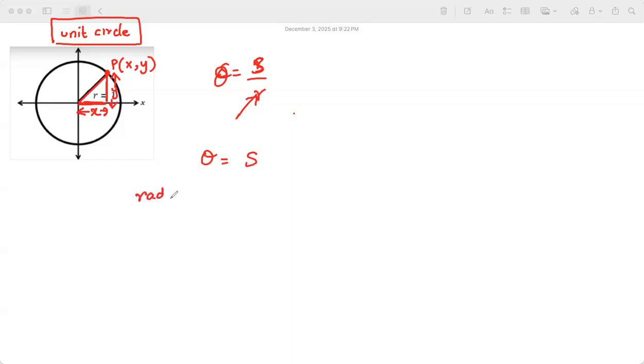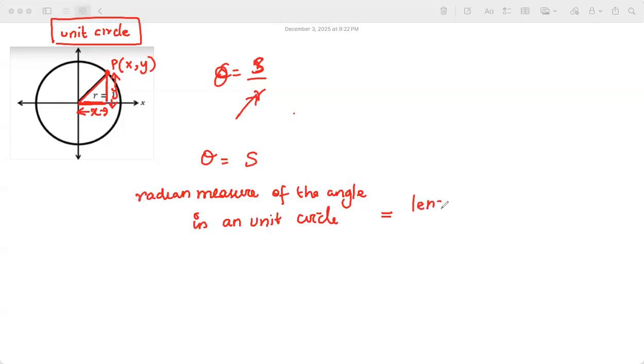Can I say that the radian measure of an angle in a unit circle is equal to the length of the subtended arc? Very sophisticated way of telling theta equal to s. So the radian measure, the theta value of the angle in a unit circle, is the same as the length of the subtended arc. Make sense?